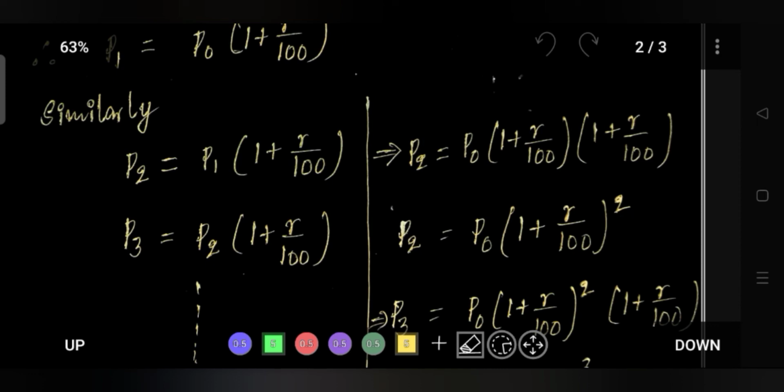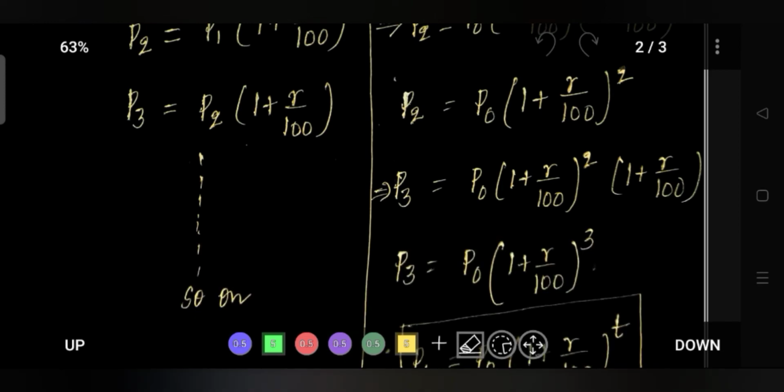In the same way, P3 means P2 times 1 plus R by 100. We already got the P2 value, that is P naught times 1 plus R by 100 whole to the power 2. If we substitute that in the place of P2 here, we will get the P3 value as P naught times 1 plus R by 100 whole to the power 2, into again 1 plus R by 100.